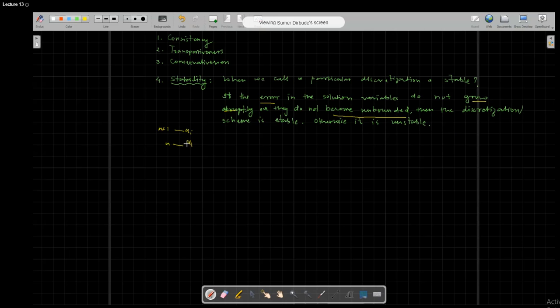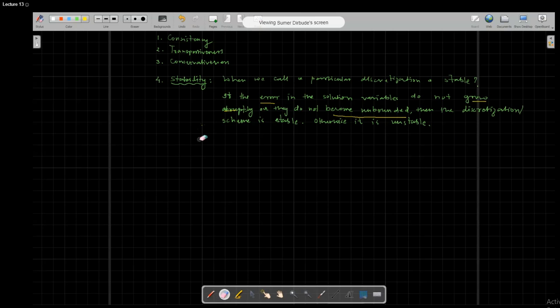I mean, there will be change, but suppose this value is 5 and this value becomes 500. That is a very abrupt change from one time to another. Such large or unbounded changes should not be there. And suppose at n plus 2 it again becomes something like 1 lakh or 1 million, then it is unboundedly increasing. Such behavior is not normal, it is unstable behavior.